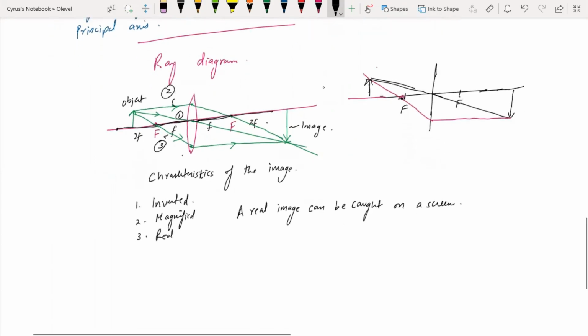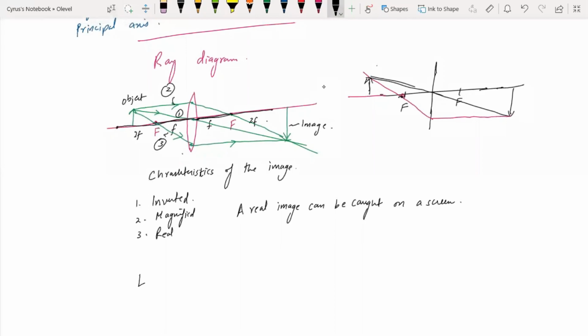Okay? Is that clear? And there's another very, very important thing here, which is known as linear magnification. And this is something that is often asked in the examination. Linear magnification. Magnification का मतलब होता है कि आपके पास कितना मैग्नीफाई हो रहा है. हाँ, अगर ये 1 से बड़ा होगा इसका आंसर तो वो इमेज ज्यादा बड़ी होगी, और अगर 1 से छोटा होगा तो इमेज ऑब्जेक्ट से छोटी होगी.